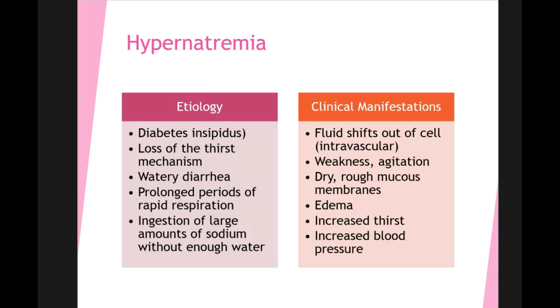Also, the loss of the thirst mechanism can cause this. So that would be an example of inadequate intake in fluid. Watery diarrhea would cause loss of fluid, and prolonged periods of rapid respiration can also cause hypernatremia.